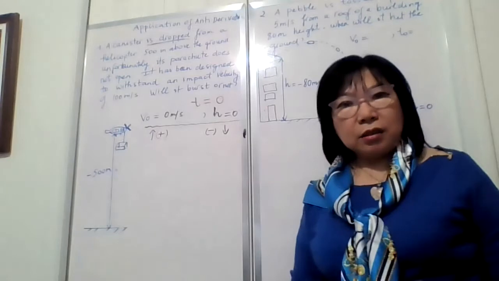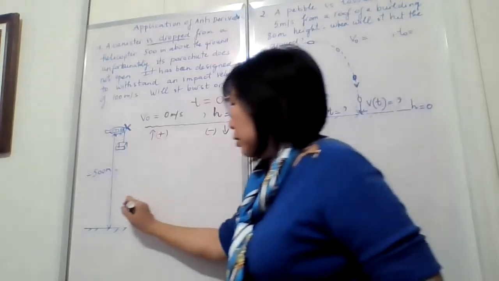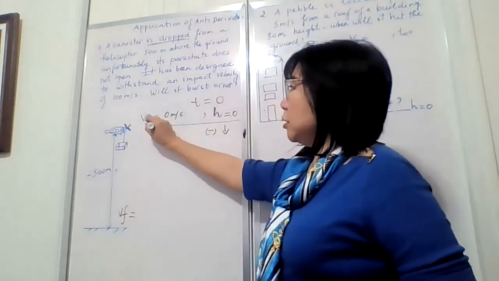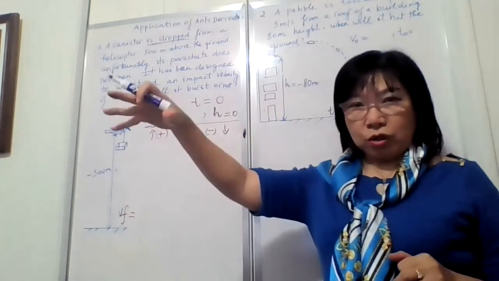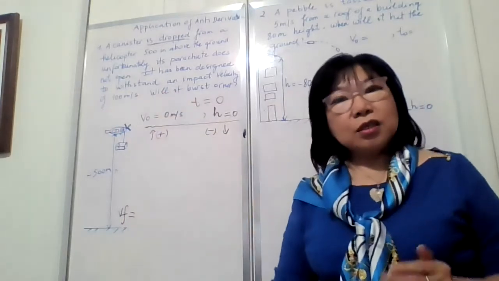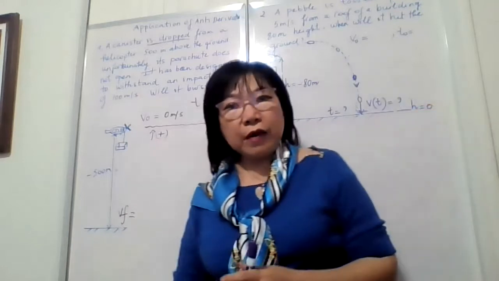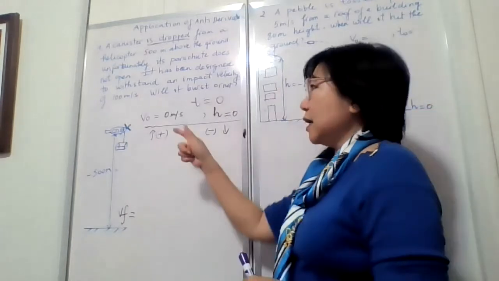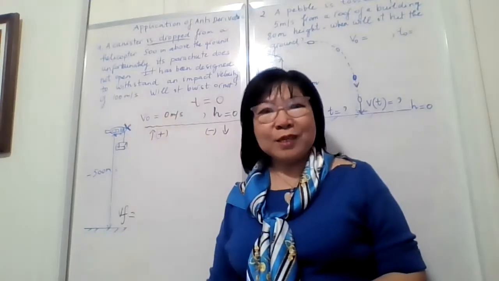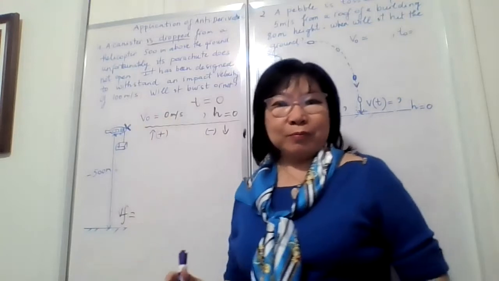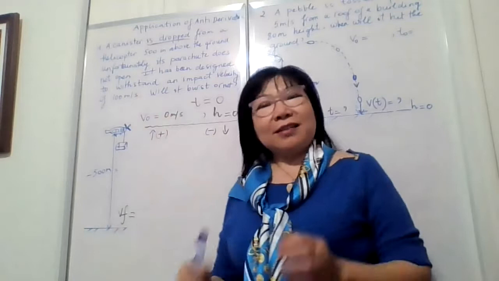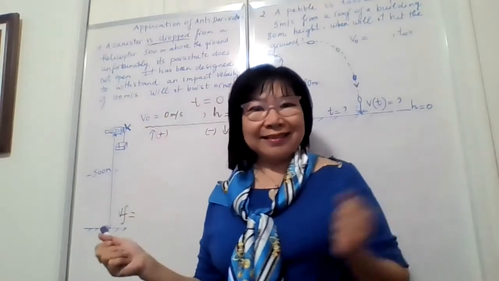How do we know that? We will know if we find the final velocity of the canister. We know the initial velocity is 0 because it is dropped from the helicopter, but we don't know the final velocity. If we find its final velocity is less than 100 meters per second, then it will be safe to be sure that this canister is not broken, not burst.